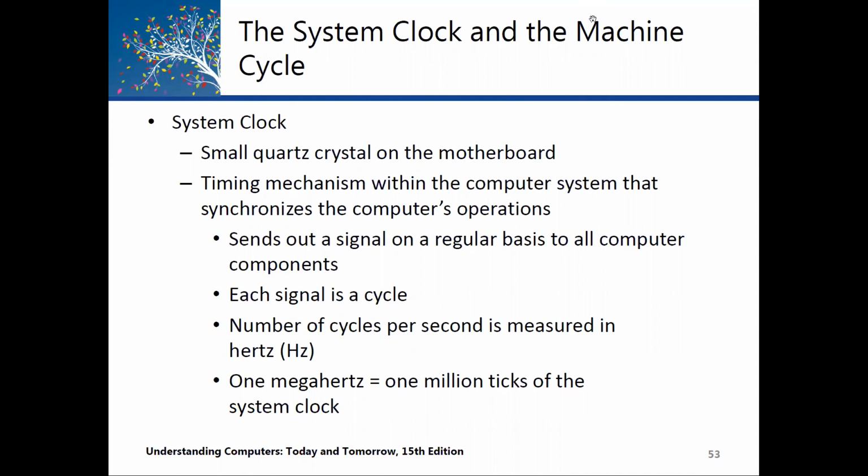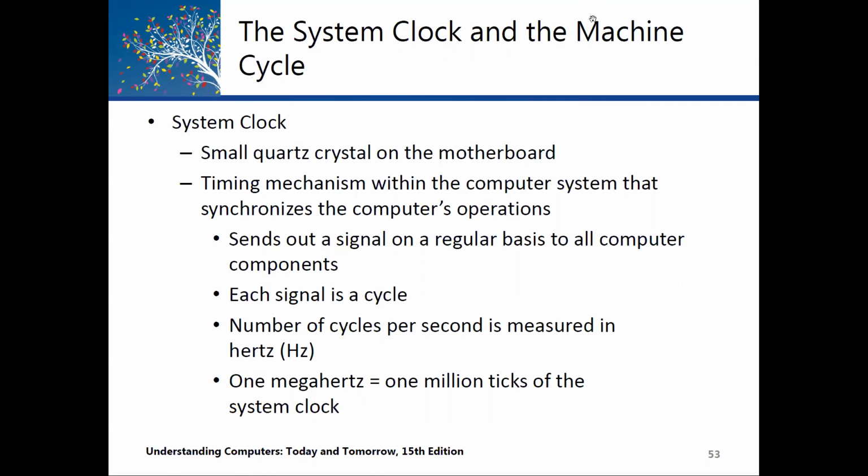The system clock sends out a signal on a regular basis to all other computer components, similar to a musician's metronome or a person's heartbeat. Like our heart beats, one beat synchronizes all the components. Each signal is referred to as a cycle. The number of cycles per second is measured in hertz, right? 1 megahertz is equal to 1 million ticks of a system clock.